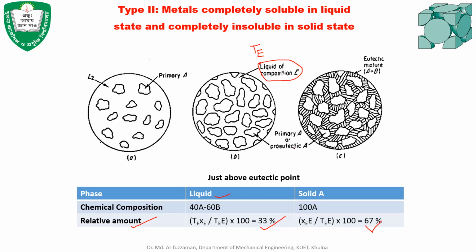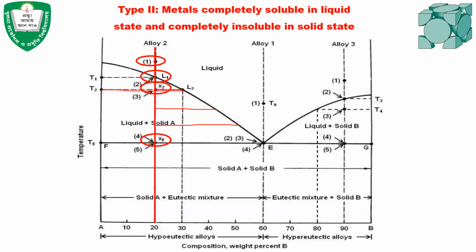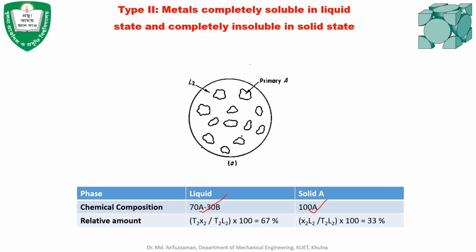For example, if you go to the diagram here, if you quickly solidify from the temperature T2 and then quickly cool it down, the solid grain that has formed will be 33% solid of A, and once it is cooled from this temperature very quickly, the rest of it will be the mixture of A and B.